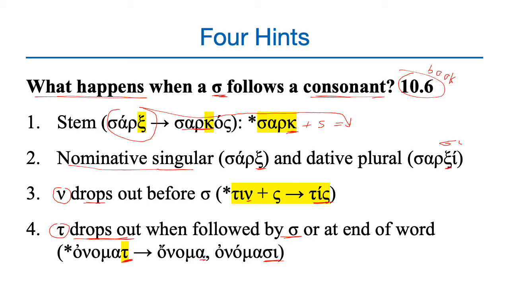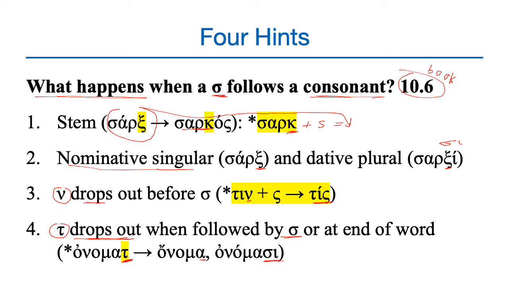As you come into third declension nouns, there are a few things to keep in mind, like 4 hints. The question is, what happens when a sigma follows a consonant in the third declension noun? What happens when the third declension noun ends with a consonant and then it is followed by a sigma, like in the nominative singular case ending?